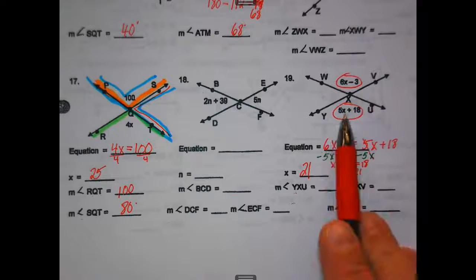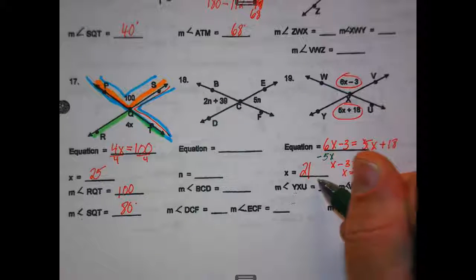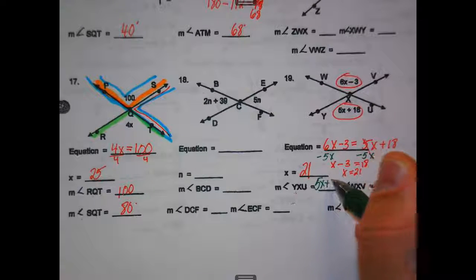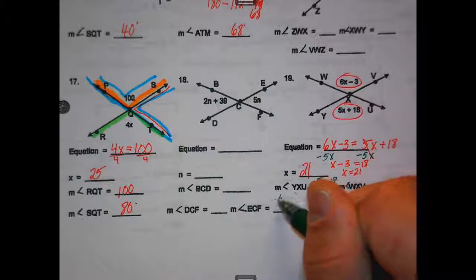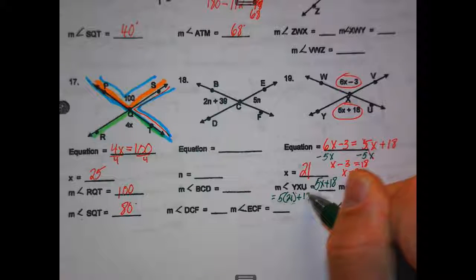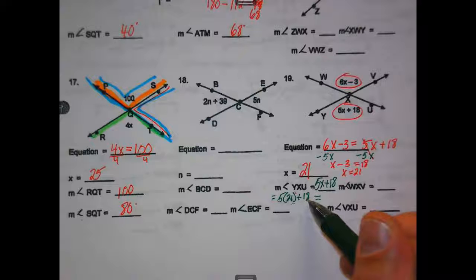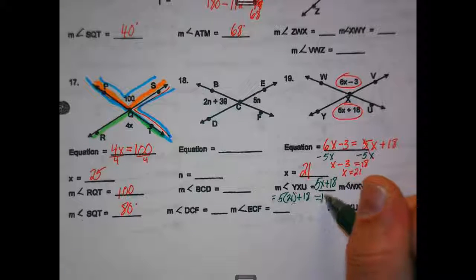YXU is 5x plus 18. Our x is 21. So 5 times 21 is 105 plus 18 is 123.